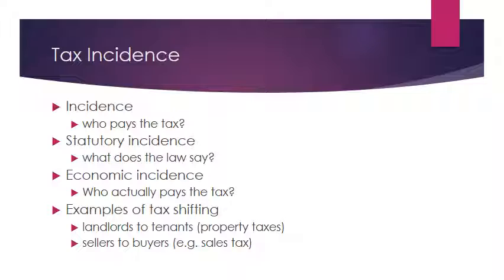So the ability of some taxpayers to shift the tax to other groups is also important when evaluating taxes, because decision makers have to take into consideration the effects that these taxes have on the different income groups.